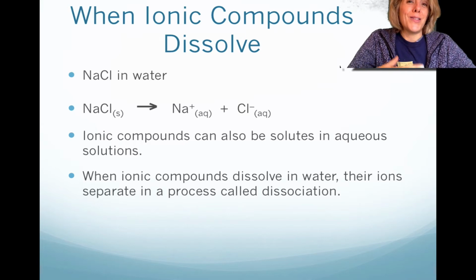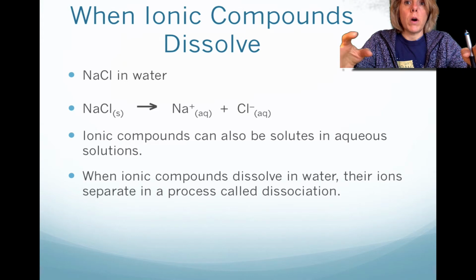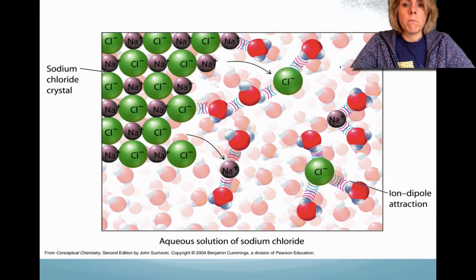This is what we call dissociation. So you have a crystalline form of repeating sodium and chlorine ions. The moment you put them in water, the water molecules separate them out, and we call this dissociation. Here's a picture of what's going on.